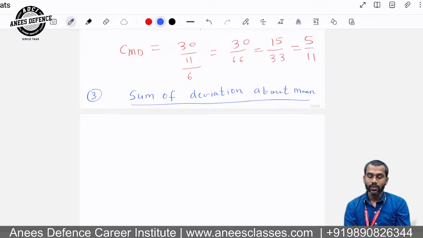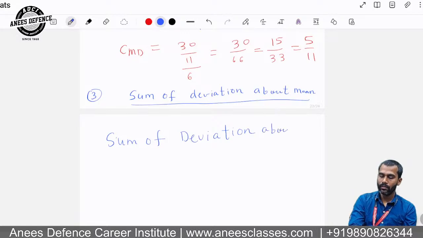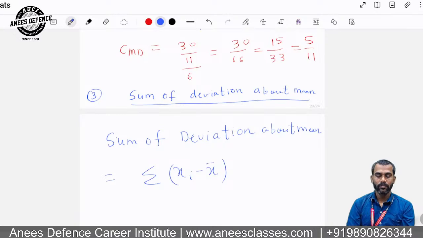Yes or no? So here sum of deviation about mean is equal to summation. Can I say xi minus x bar directly?